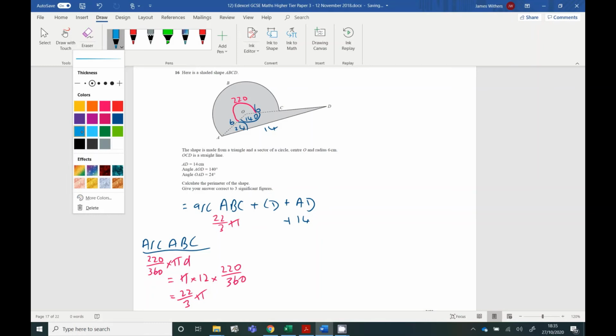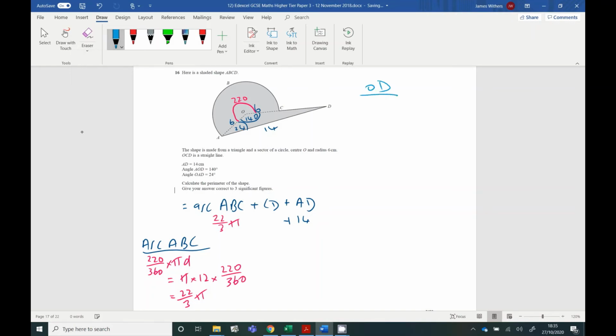So we can use the sine rule. OD over sine 24, that's that length over its opposite angle, equals 14 over sine 140.